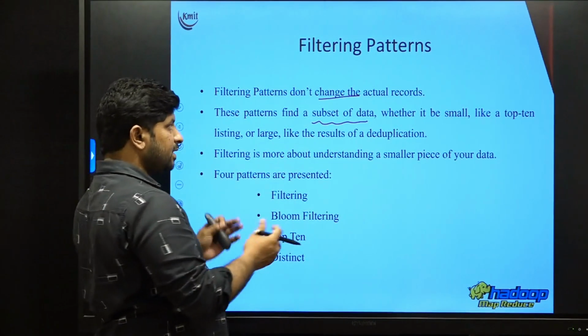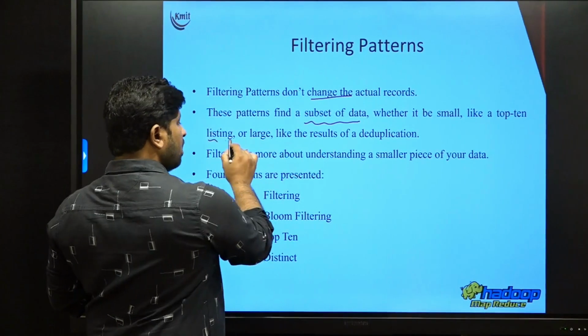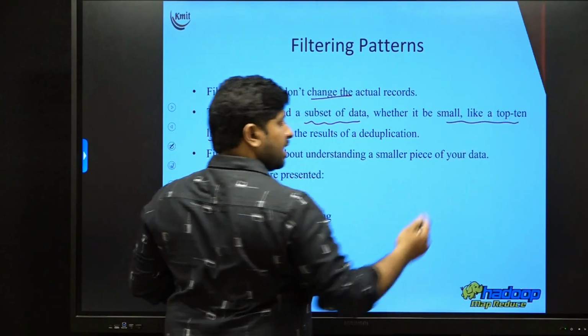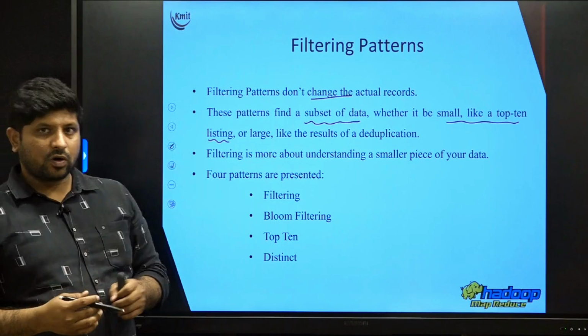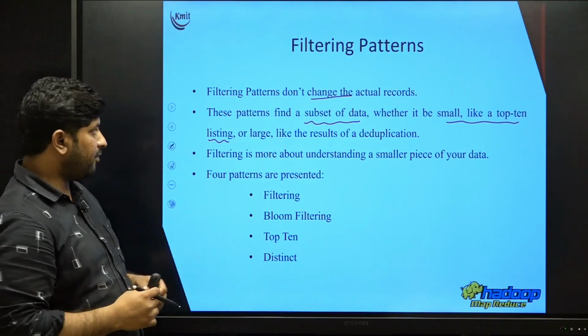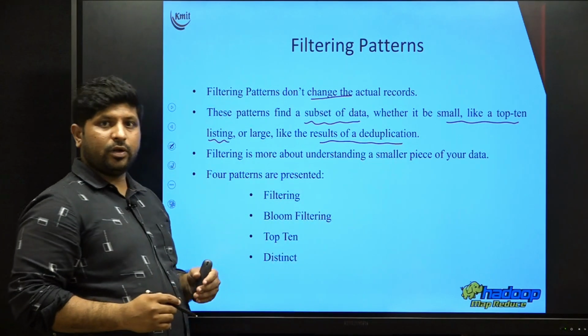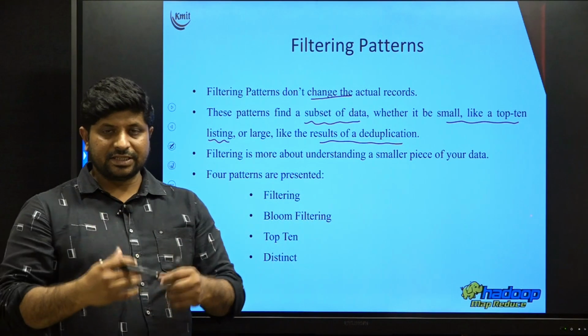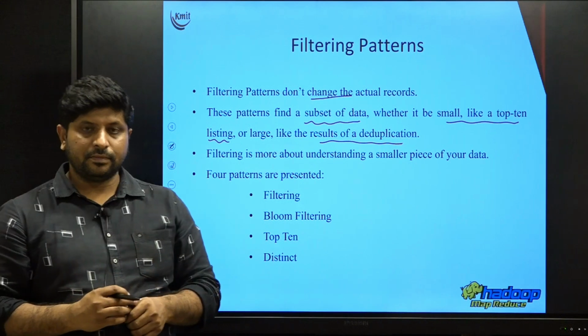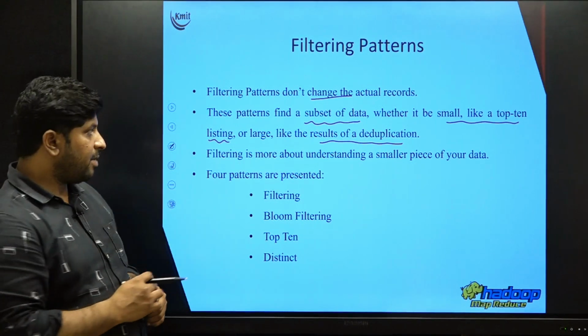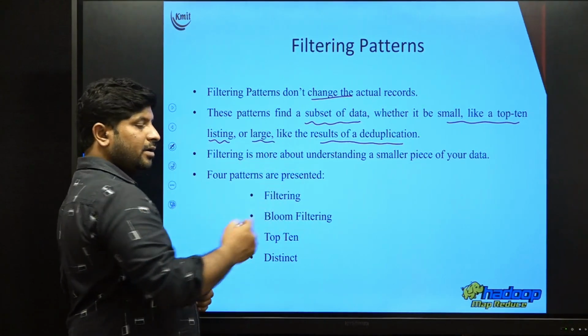The data which is extracted might be smaller, just like extracting only 10 records from the entire data set, top 10 we can say, or else retrieving the results by removing the duplicates, or you can say distinct or unique from the entire data set. It might be large, like a unique data set.